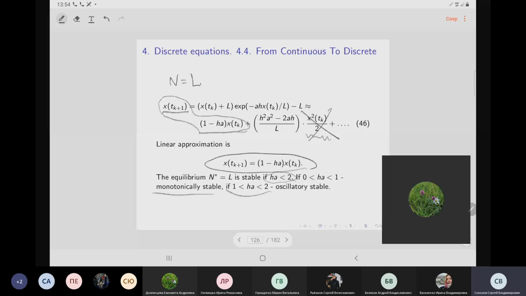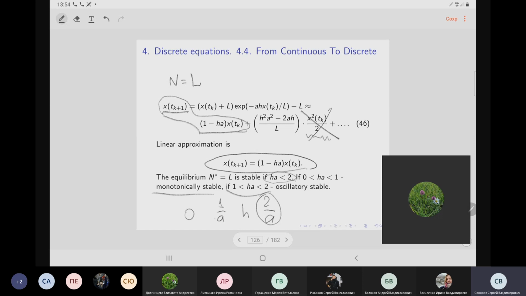We can rewrite it and compare H with 0, 1 divided by A, and 2 divided by A. If H becomes greater than 2 divided by A, then the integration step becomes too large, and therefore the linearized system loses its feature of stability.